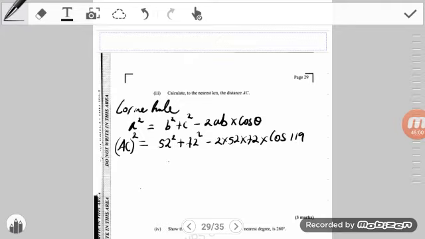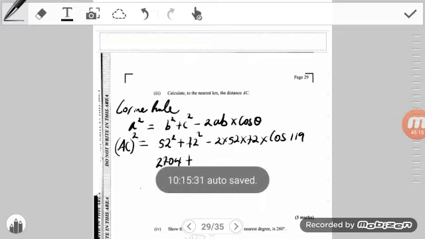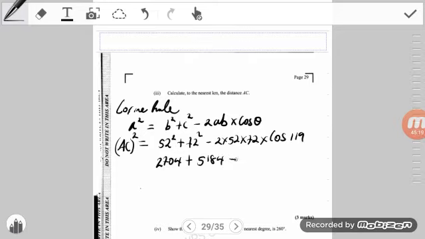You guys can take out your calculator and work with me. So that's going to be 52 squared. That's going to give us 2,704. And we're going to have 72 squared. That's going to give us 5,184. Then we're going to subtract 2 multiplied by 72 multiplied by 52.